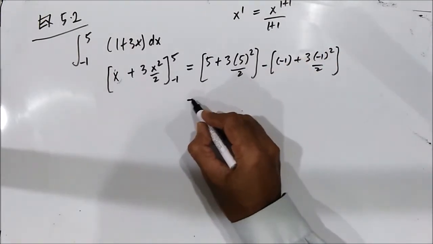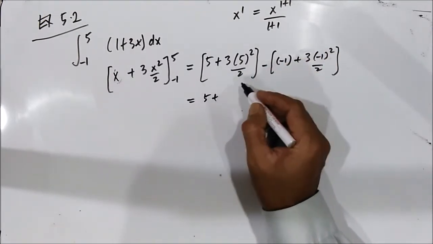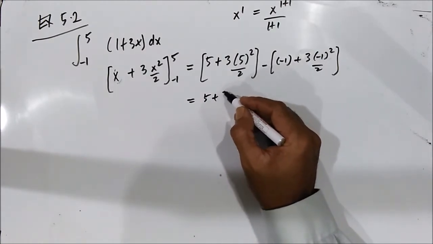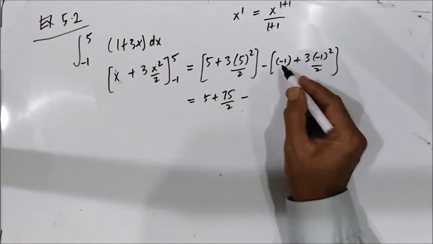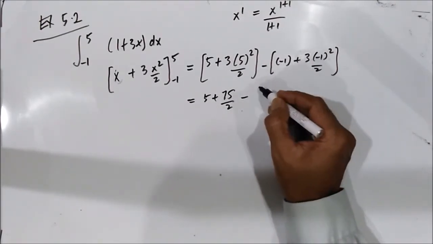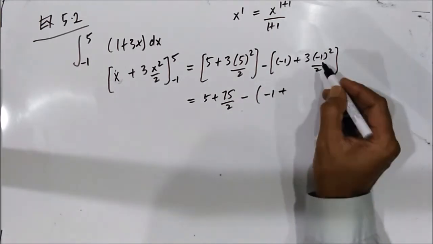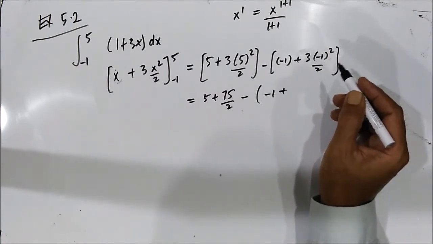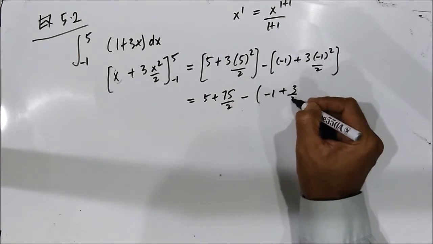So this can be written as 5 plus 3 multiplied by 25 is 75 over 2, minus -1 plus 3 multiplied by -1 squared is 1, 3 multiplied by 1 is 3 over 2.